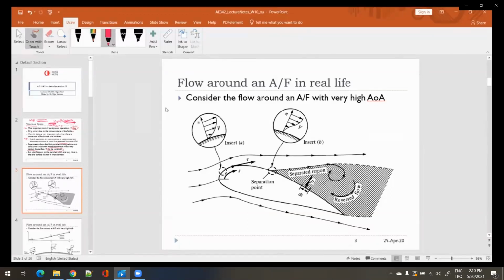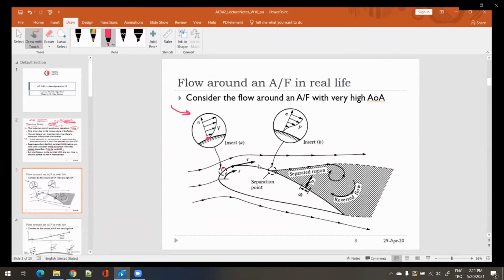So there will be a zero velocity here, and it will asymptotically reach U infinity along a normal to the surface. This will continue over the suction, the top surface, and the bottom surface, or the suction and pressure sides of the airfoil. And we will have what we call the boundary layer on the airfoil.